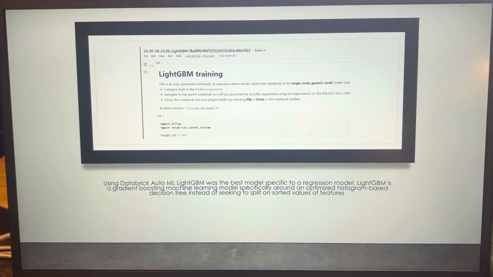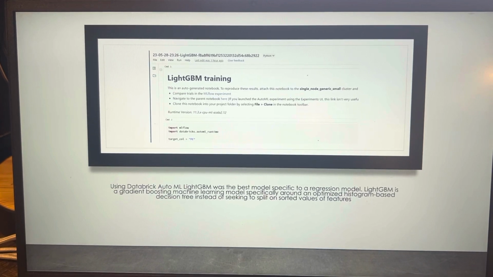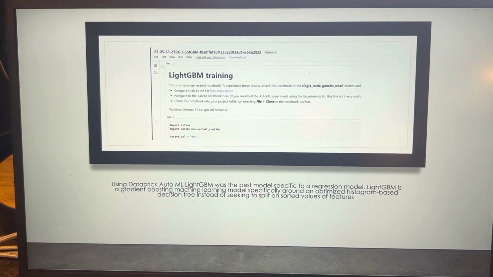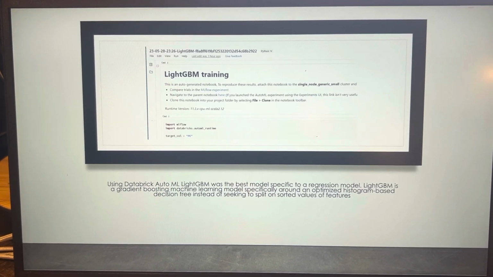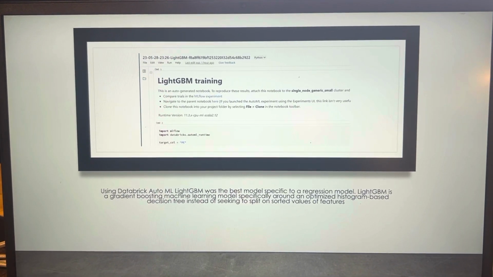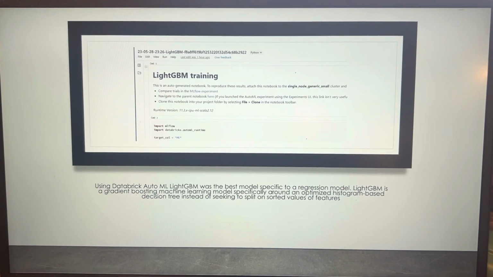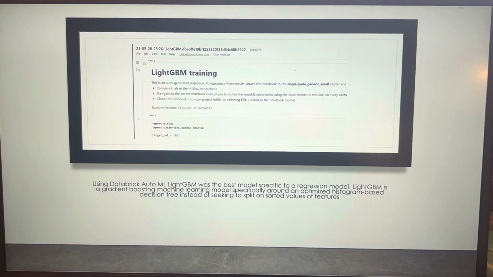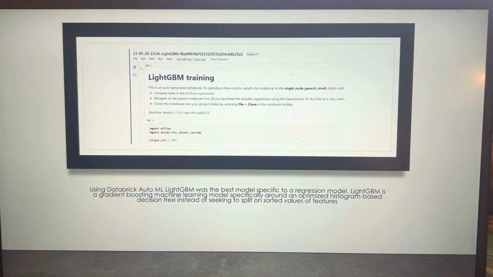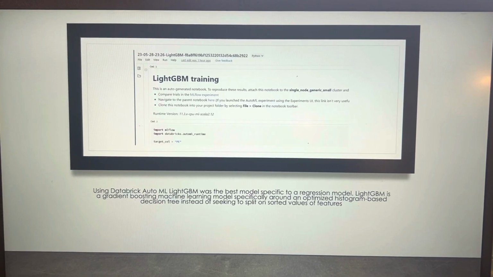So using Databricks AutoML, I inputted the CSV, and decided to let the ML pick which model was going to be best, obviously using regression. Databricks AutoML selected LightGBM, which is a gradient boosting machine learning model.